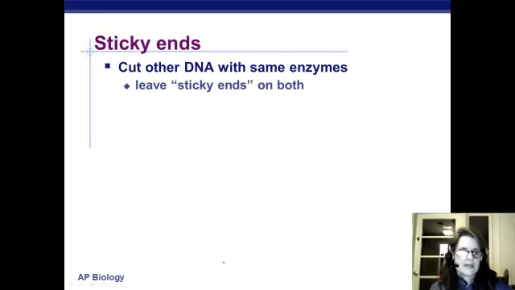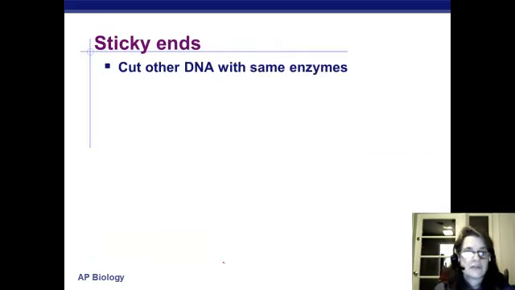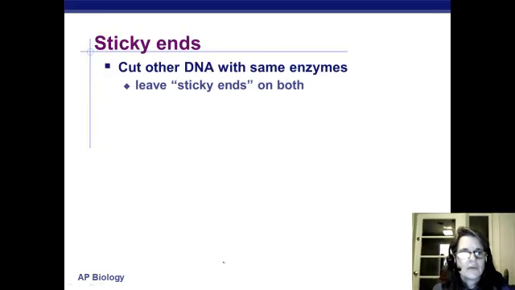what we would do in a case of genetic engineering then is we would find a gene that we wanted, perhaps for human insulin, like we talked about, or perhaps for glowing in the dark. And we would cut it out of the organism in which it existed. We would cut the piece of DNA right out of there, and it would hopefully have those sticky ends. And we would cut another piece of DNA with the same restriction enzymes, so they have the same kinds of sticky ends.